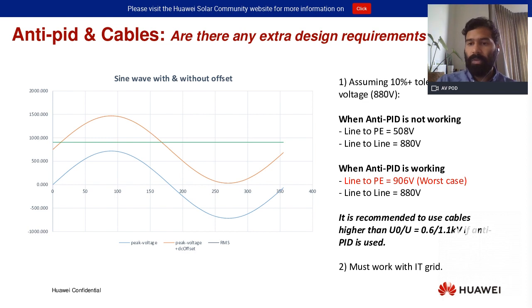Normally, the cable that is used in utility scale solutions is 0.6 kV to ground and 1.1 kV phase-to-phase. We recommend, if you use our AntiPID solution, that you go to the next level. Some of the cable manufacturers have 1 kV cables, and also some of the manufacturers have confirmed that their 0.6/1 kV cables can actually withstand higher voltages.